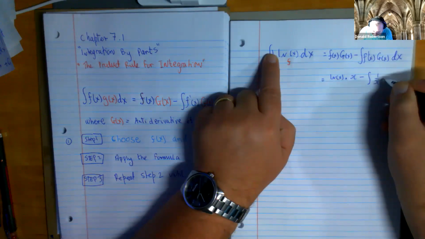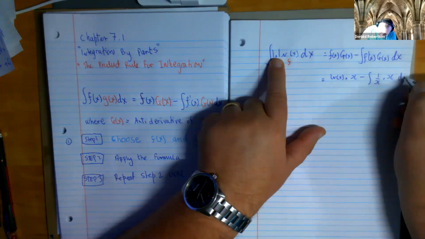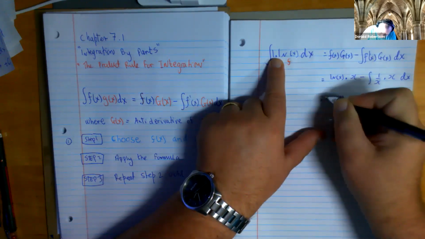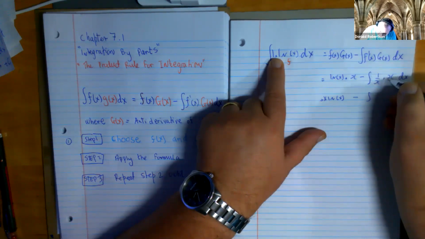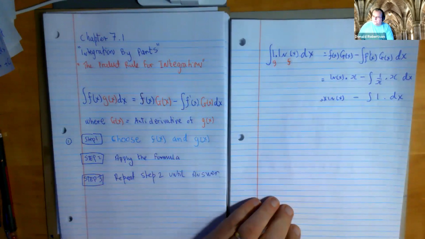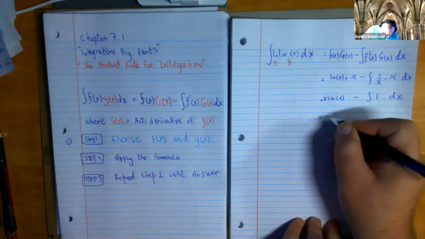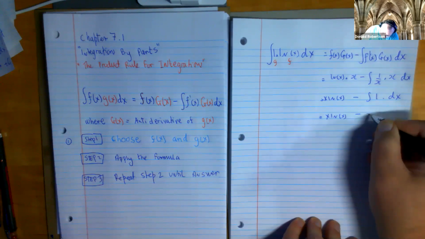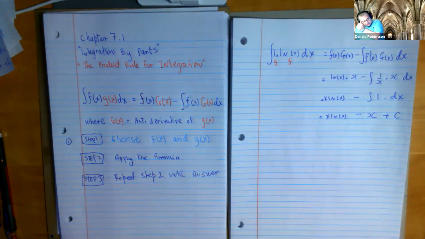And G of x is x again, dx. And then something really cool happens. I like the x at the front, so I'm writing x log x. Isn't 1 over x times x just 1? And what does that get me? Well, that gets me x log x, take away the antiderivative of 1, which is x, plus a c.